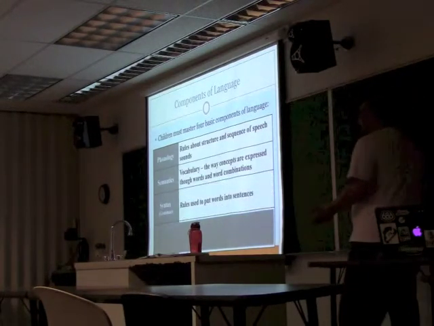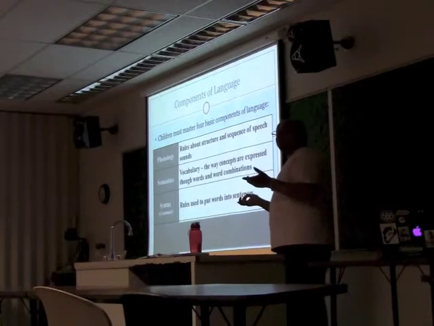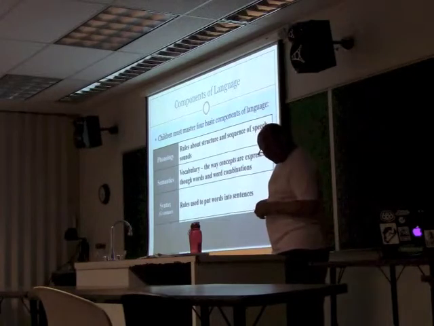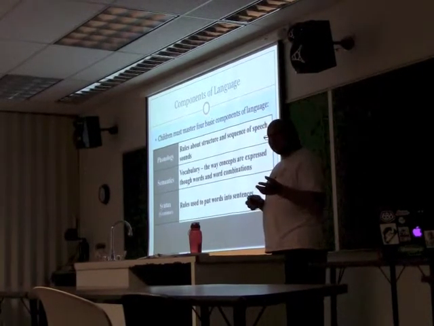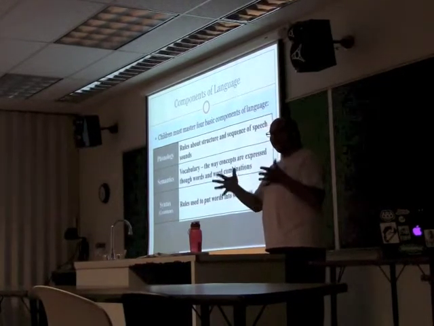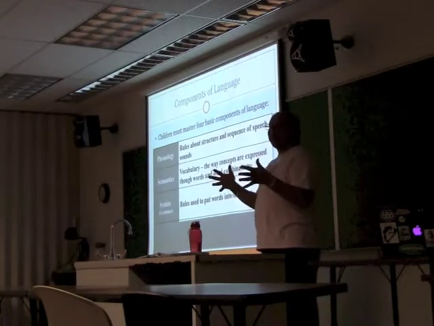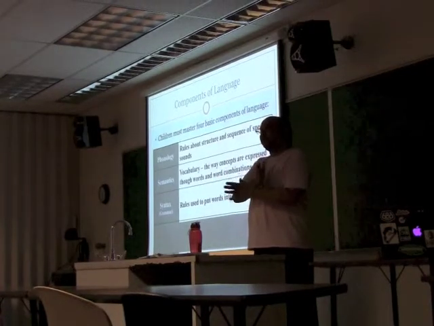Syntax, like I said earlier, is pretty much the same as grammar. It's the rules used to put those words into sentences. That's what I was jumping the gun a little bit with, where in English the verb comes before the noun. In Spanish and a lot of other languages, usually the noun comes before the verb.